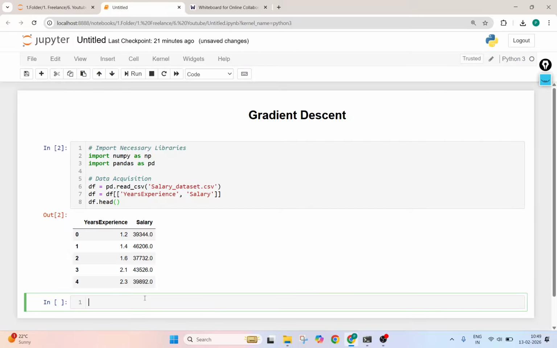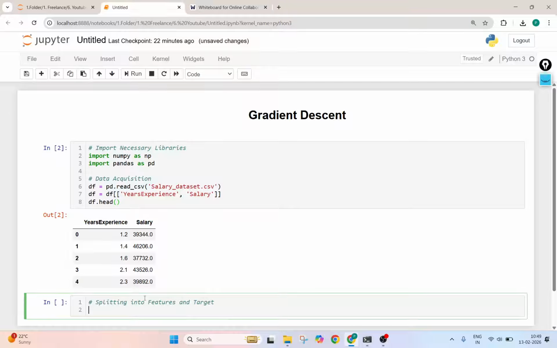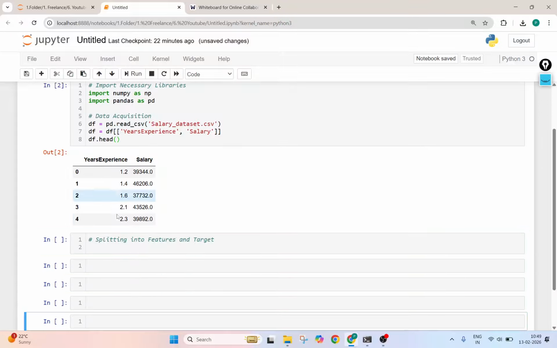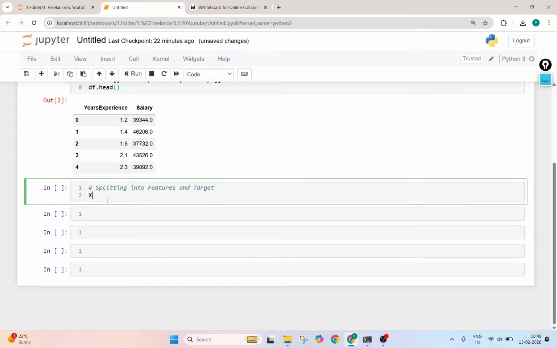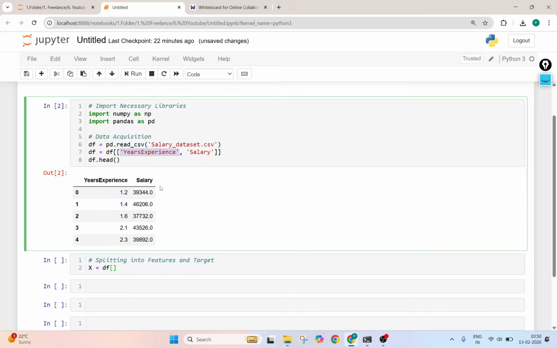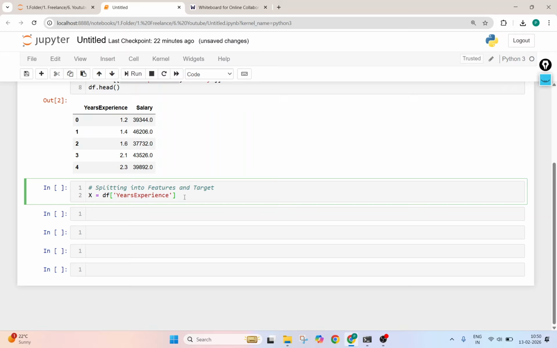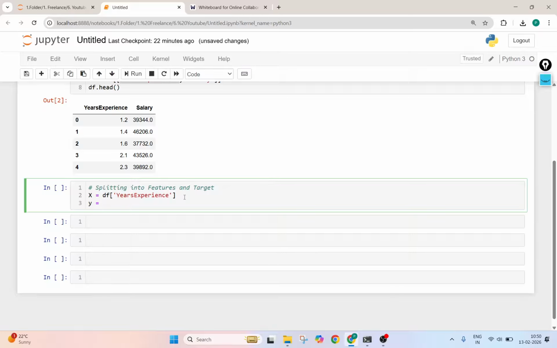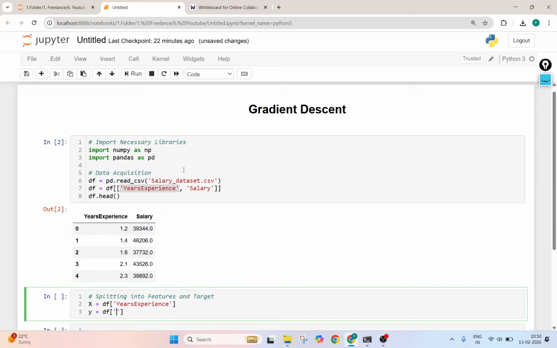All right. Now, what we want to do is first split the data into the target and the features. So let's do it. Splitting into features and target. Okay. So X equals df of years of experience. And Y equals df of salary.